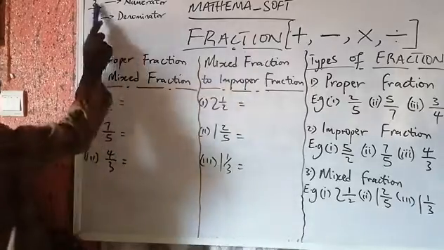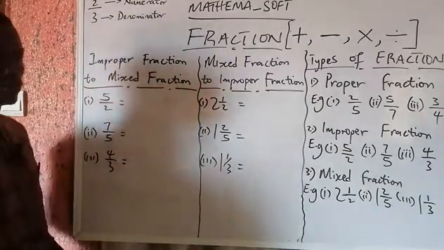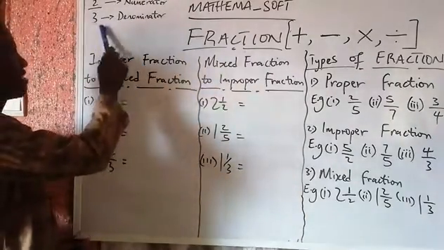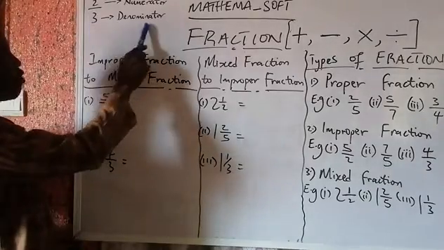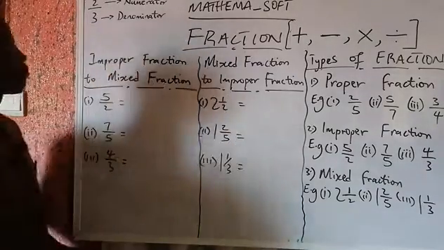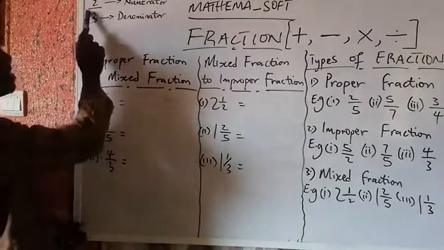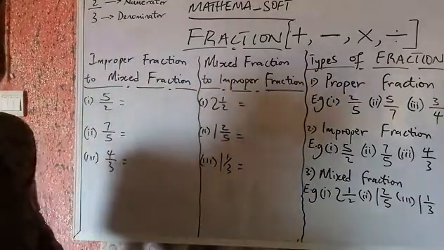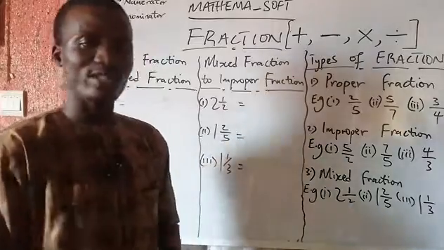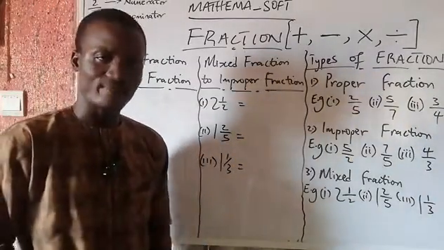The number at the top is called the numerator, while the number at the bottom is called the denominator. So we have the numerator, the denominator, and this is the division line. That is usually how you will see your fraction being written.